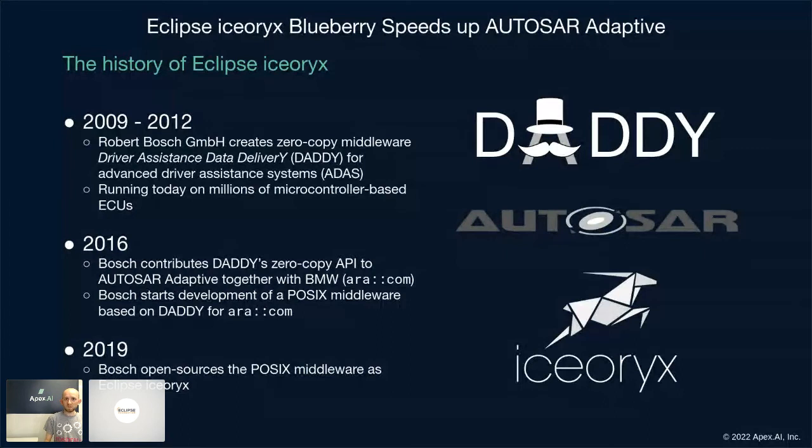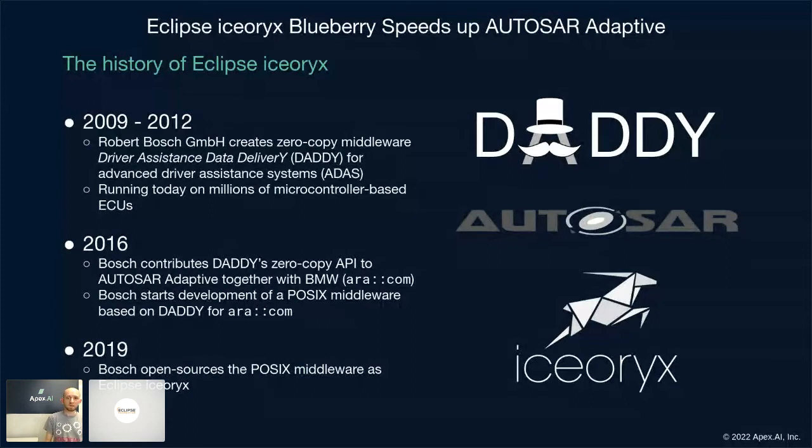And you can imagine they produce this huge amount of data nowadays. And today, this DADI middleware is running on millions of microcontroller-based ECUs to avoid those copies and to save this precious runtime on these resource-constrained devices. So it's very, very likely that you have it running in your car today as well.